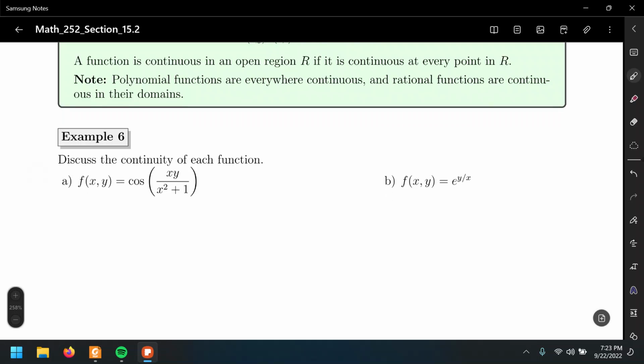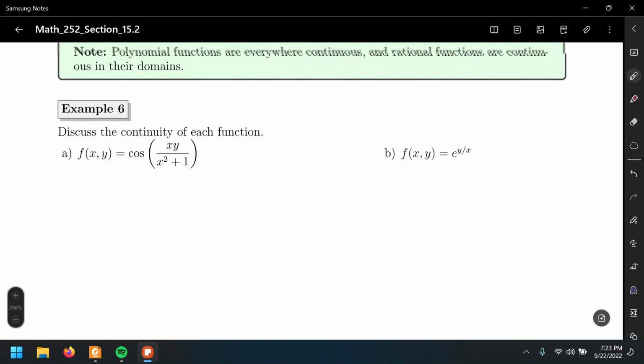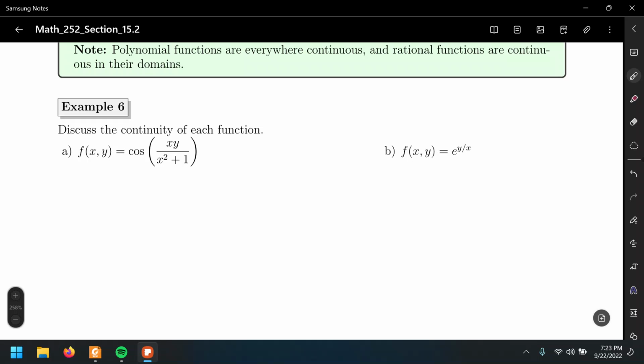Again, we're going to use the same guidelines as in intermediate algebra and college algebra to find the domains and get the continuity. So we have a cosine function. We know that the cosine function is defined for every real number.